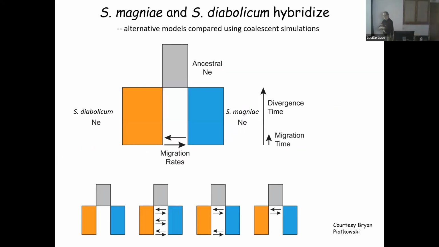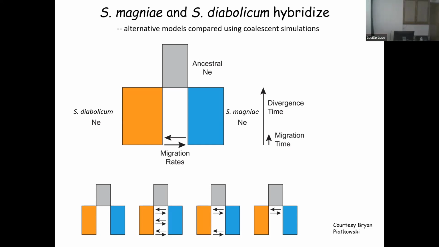So we were interested in those, and we wanted to know, are we seeing a signal of incomplete lineage sorting, just ancestral polymorphism, or are we seeing a signal of introgression? And so Brian, my former student, compared models, basically coalescent simulations, to find the best model to explain the patterns that we saw.